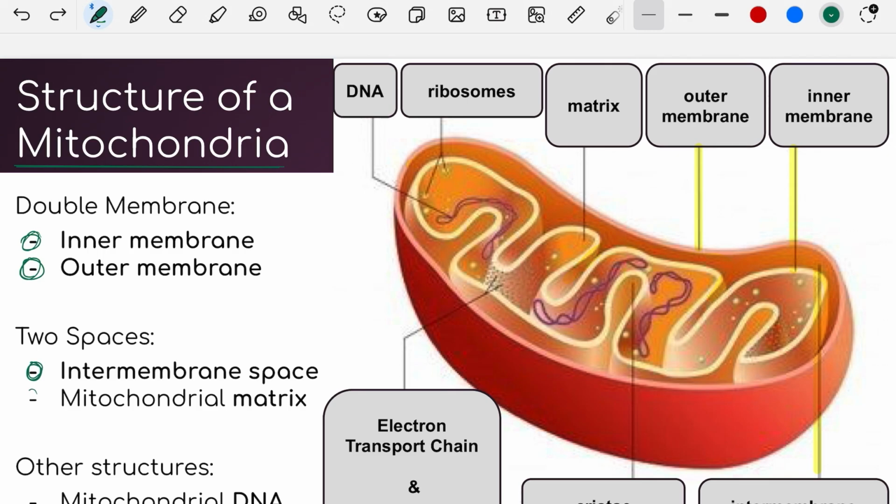And then you also need to know the mitochondrial matrix, or we can just call it the matrix. And the matrix is right here. It's the space inside the inner membrane, right? So all of this here, this is the matrix of the mitochondria.